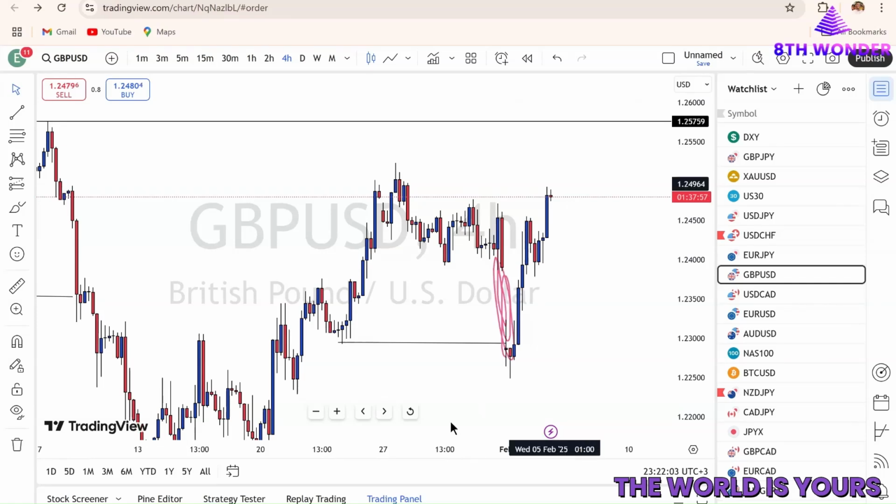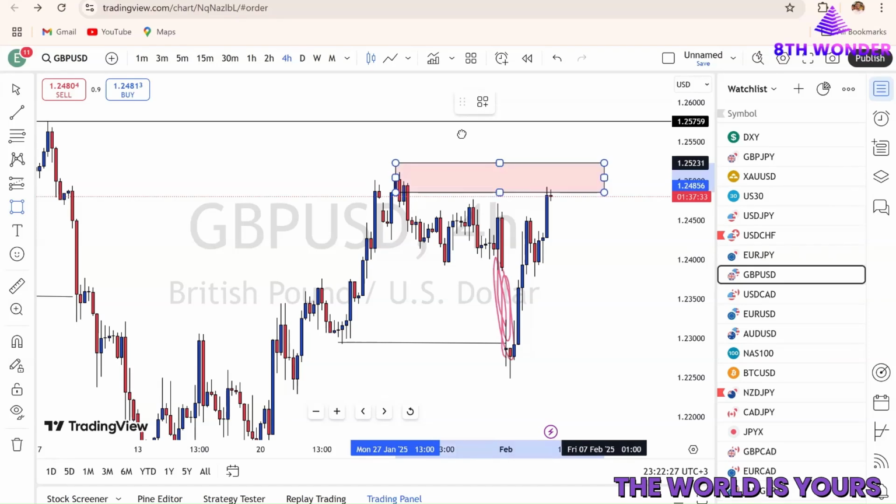What you're going to do here is mark the last candle before this sell happened. In this scenario, it is this one. This is the last candle before this rapid sell. So the last candle on the buying move before the rapid sell will be our key level. We're marking it like that.